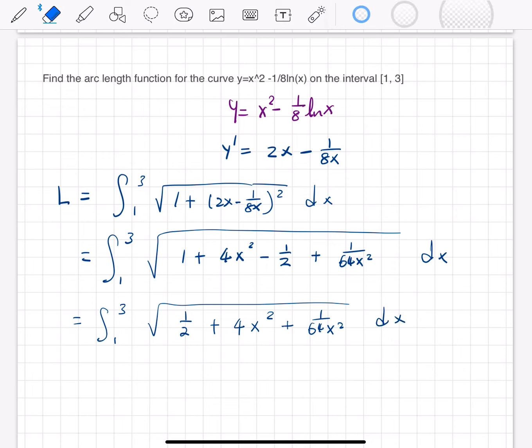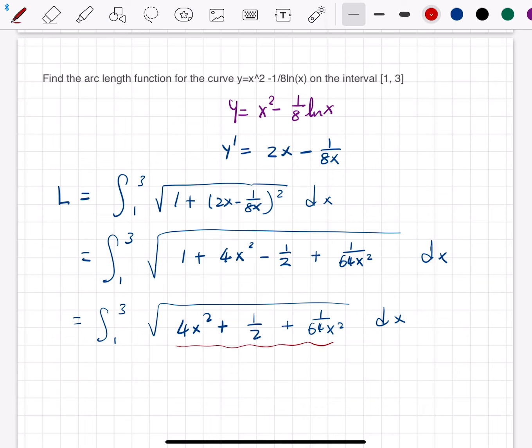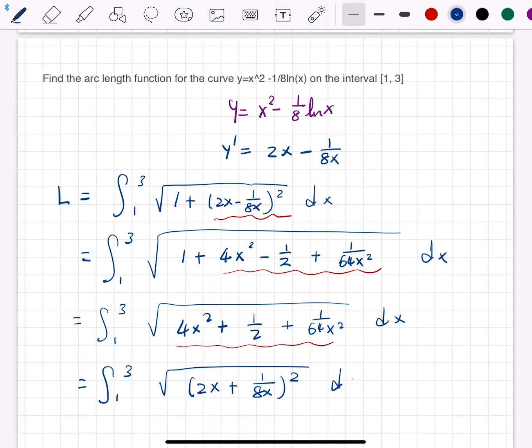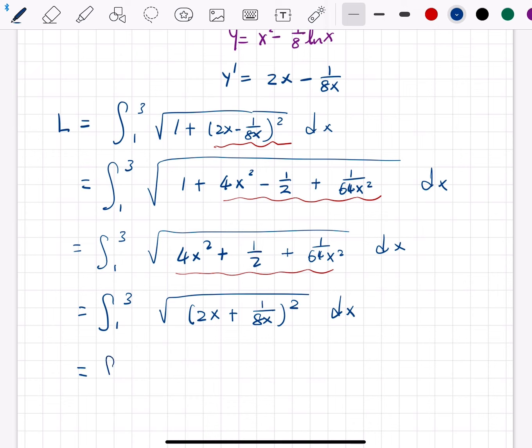If I rearrange this, 4x squared plus 1/2 plus 1 over 64x squared is pretty similar to a perfect square we just multiplied, which ends up as 2x plus 1 over 8x, squared, dx. So we can take the square and square root out.